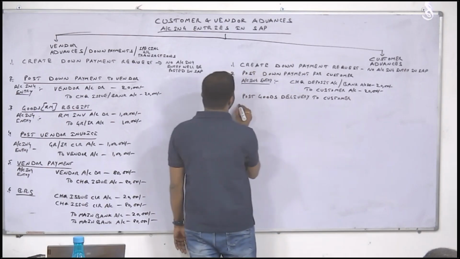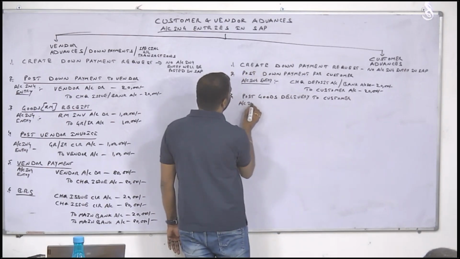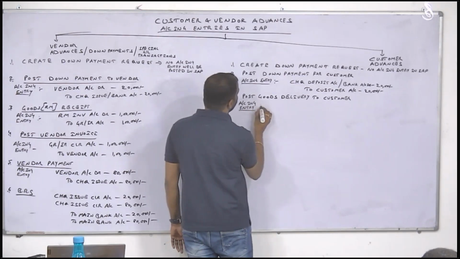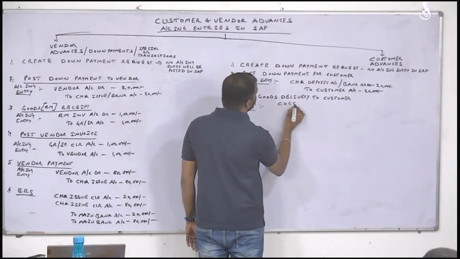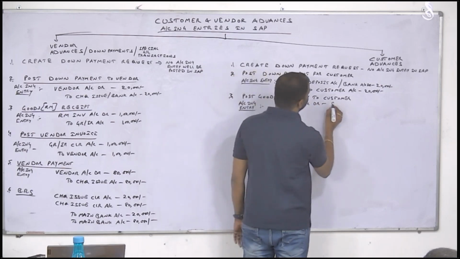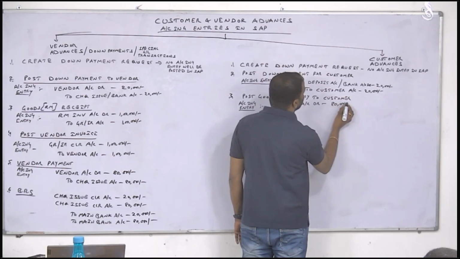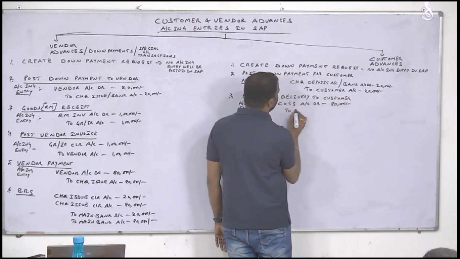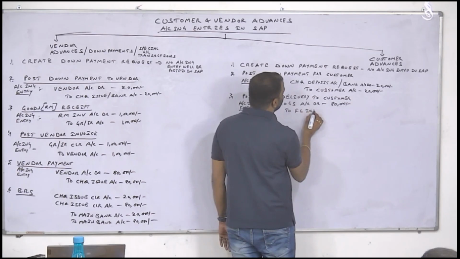What is the accounting entry? Cost of goods sold account debit. How much? 80,000, to inventory account.